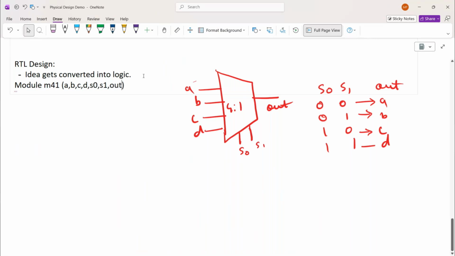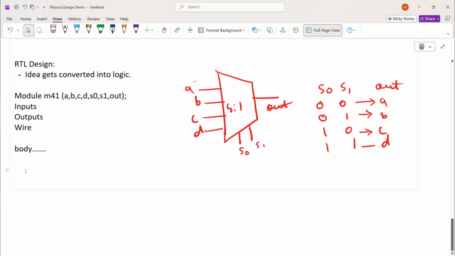This will be there, correct? And here we will have inputs, outputs, and wires for interconnection if needed. Here will be the body of your design, whatever module you are working on.